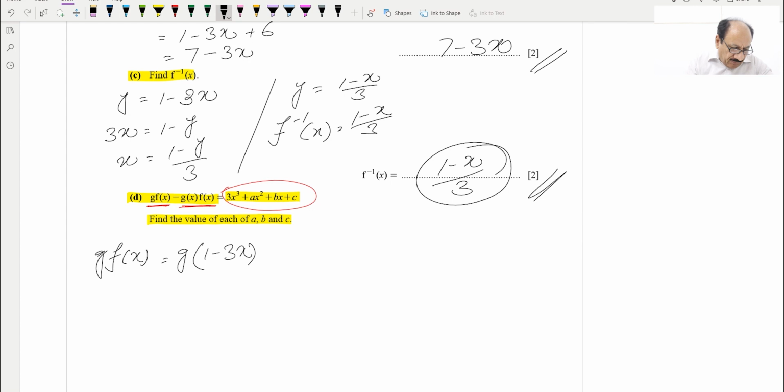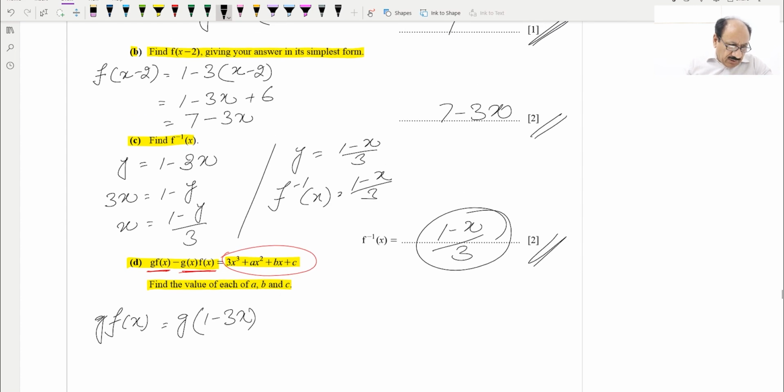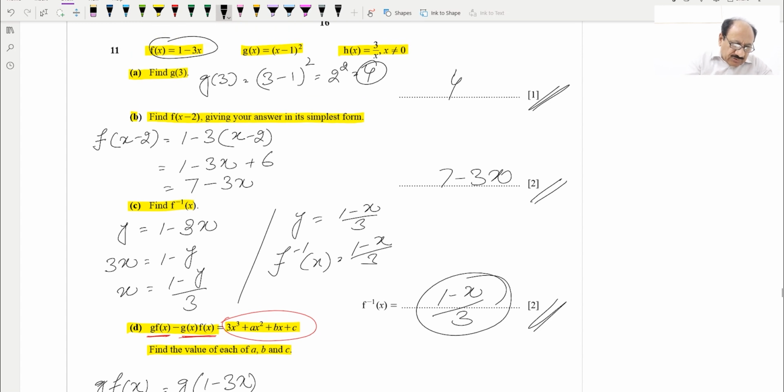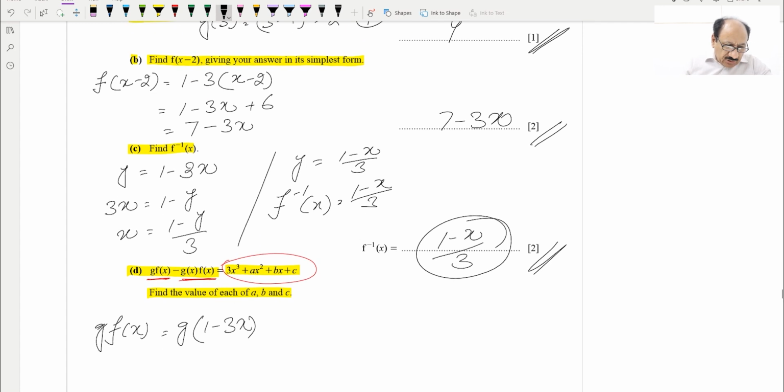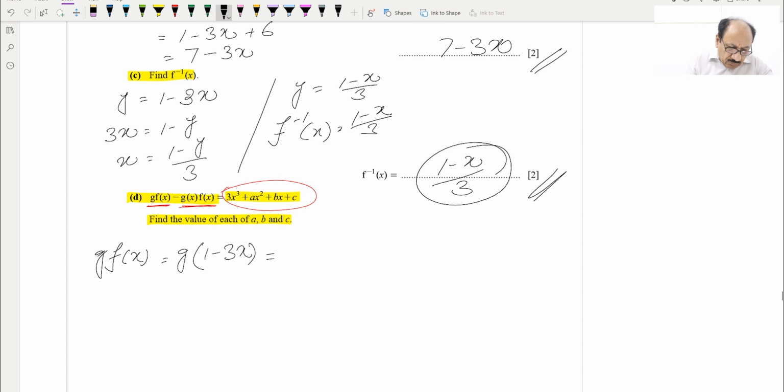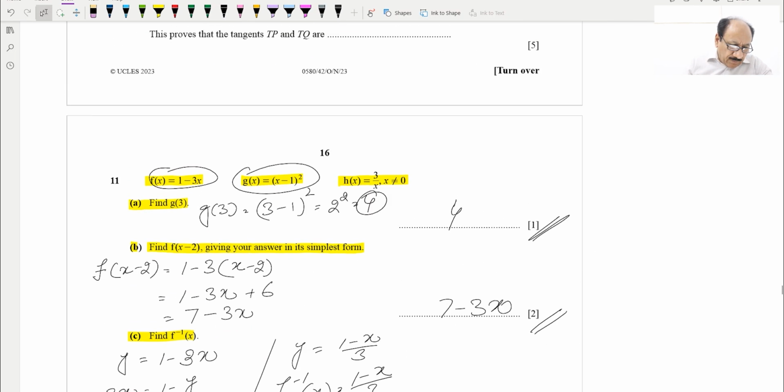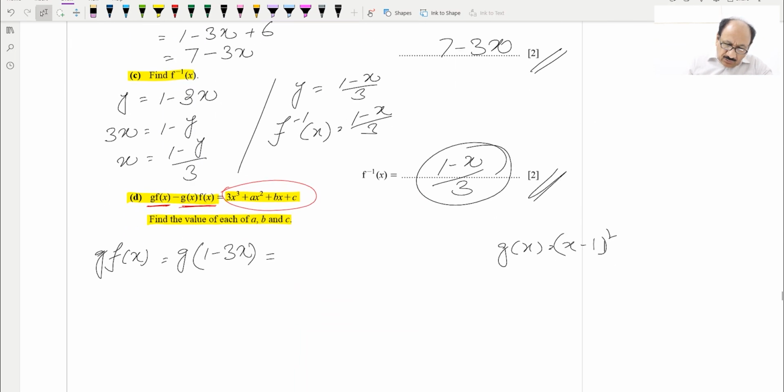Now in g of x we will replace x with 1 minus 3x. g of x is equal to (x minus 1) squared, which we already have. Now x will be replaced by 1 minus 3x, so we will get (1 minus 3x minus 1) squared.